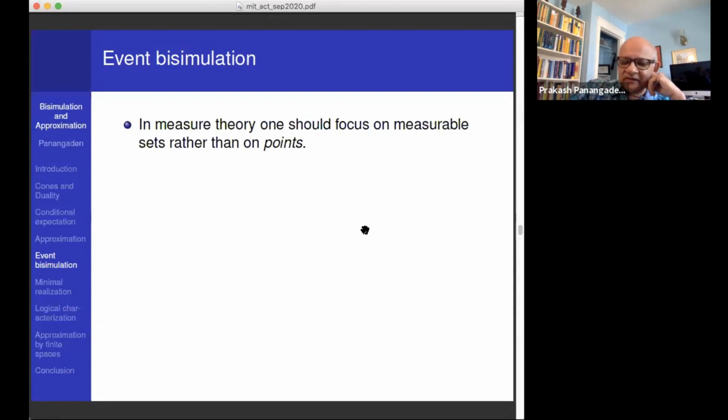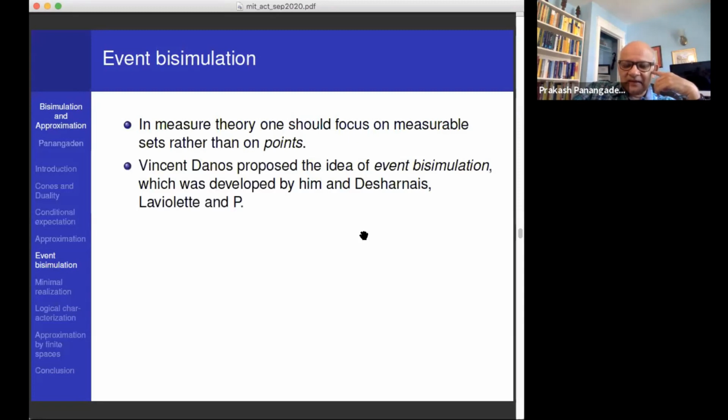And I guess this is part of the spirit of categorical probability too, that points are a pain. There are more abstract ways of thinking about the whole subject. So Vincent Danos proposed the idea that he called event bisimulation. The word event is supposed to be evocative of the idea that you're comparing measurable subsets rather than points. And after he proposed the idea, it was developed by him and José Desharnais, François Laviolette, and myself.